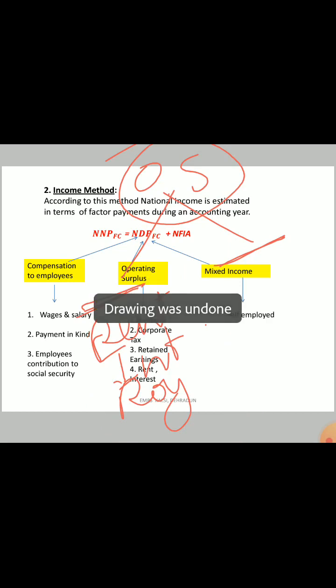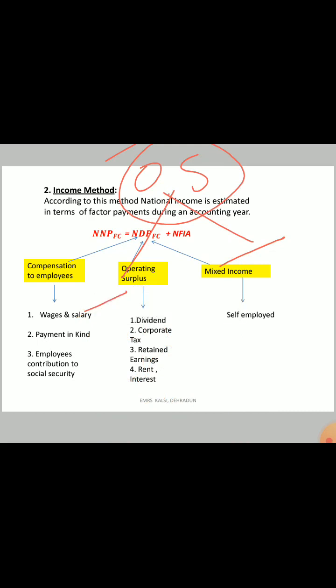Now another part of operating surplus is income from entrepreneurship, meaning a person is a businessman. For a businessman, his income is profit. This profit is divided into three parts: dividend, corporate tax and retained earnings.